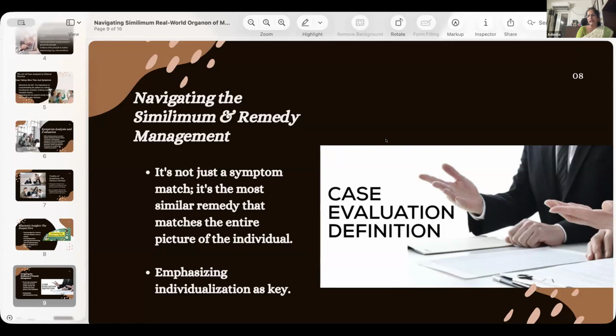Especially in middle-aged people in chronic conditions, though it is an exact SIMILIMUM, choosing 30 potency is safer rather than choosing 200 potency.